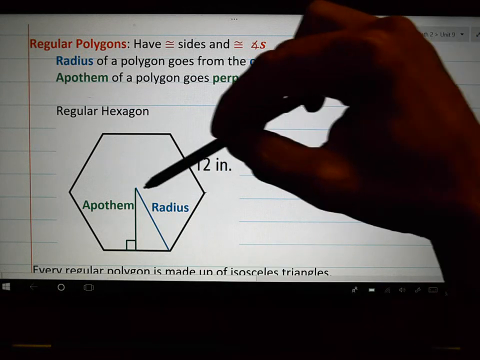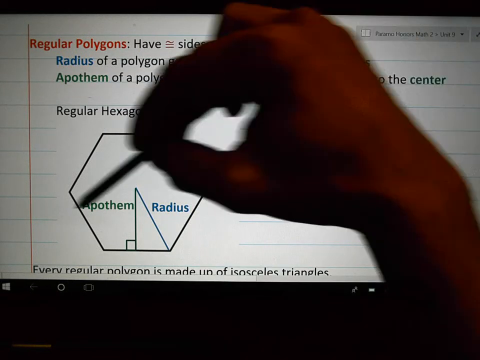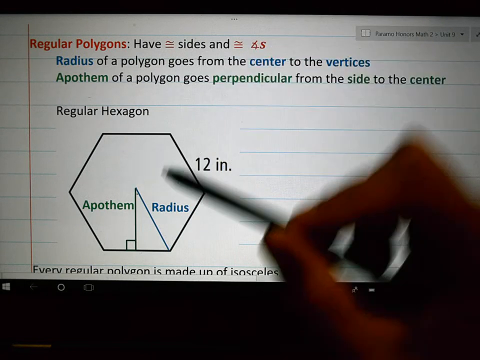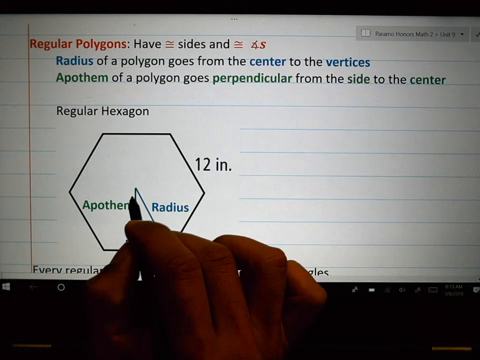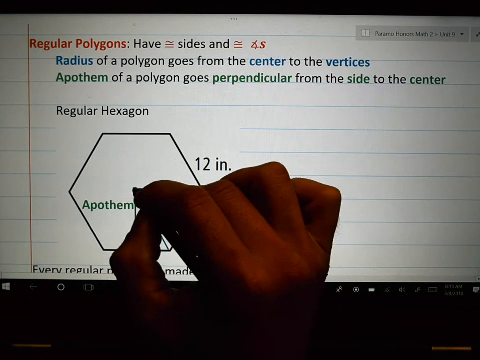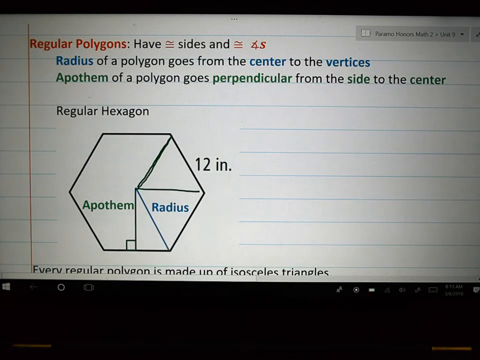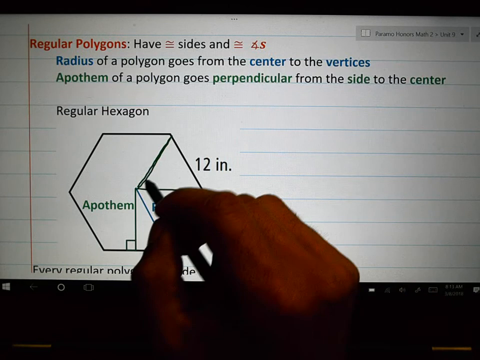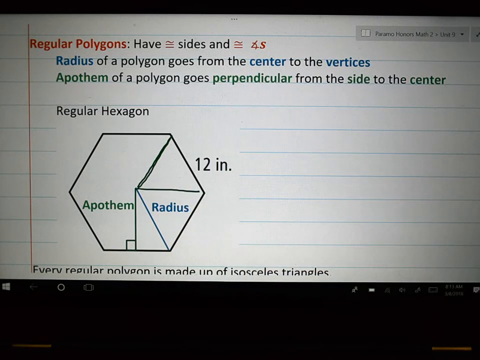That means to the places where the angles are created. That's a radius. I can draw another radius if I wanted to. These are radii, the plural of radius, and they go from the center to the vertices, the places where the angles are.